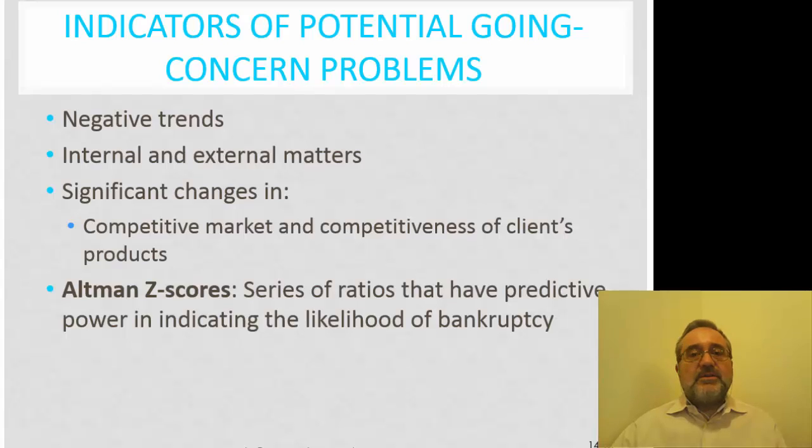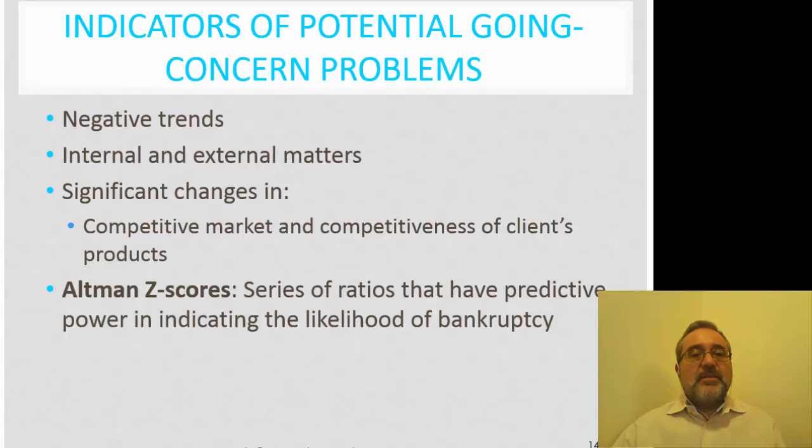Some of the things that we are going to consider as we're looking at potential going concern issues are any negative trends related to cash, sales, net income, and internal and external factors. Maybe we're considering external factors from competition, internal factors such as internal turmoil within the organization.